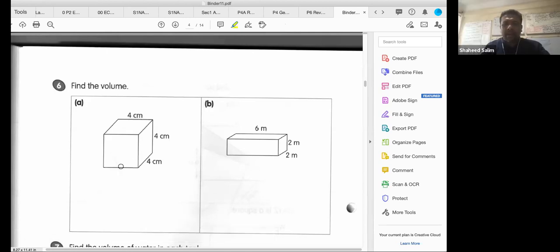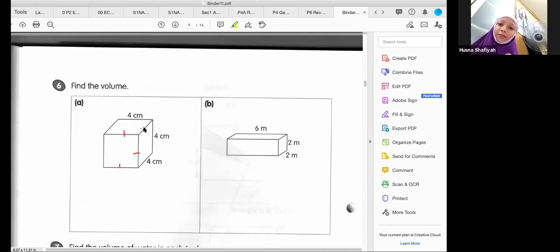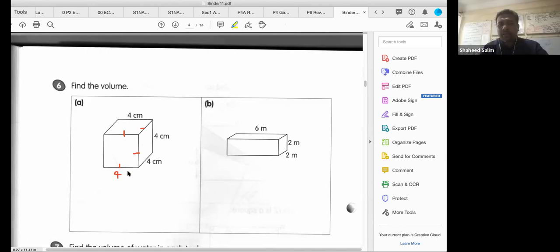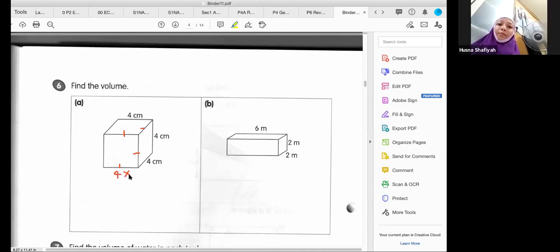So this is length. What's the length, Shafia? What's the length down here? This is a cube, means all the sides are the same. So what is this? 4. So length is 4. Breadth is how much?